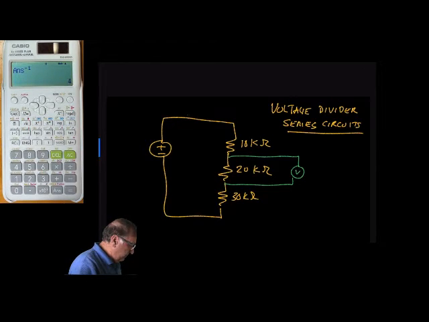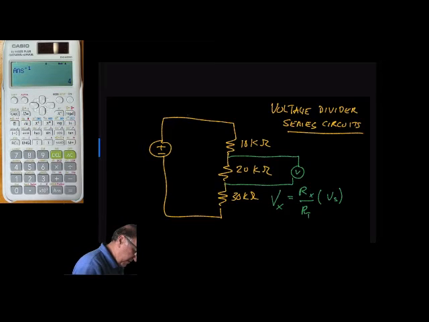So what we'd like is the voltage of interest, we'll call that Vx, equals the resistance of interest over our total, times Vs, the voltage of the source. This is Vs here. RT being the total resistance.